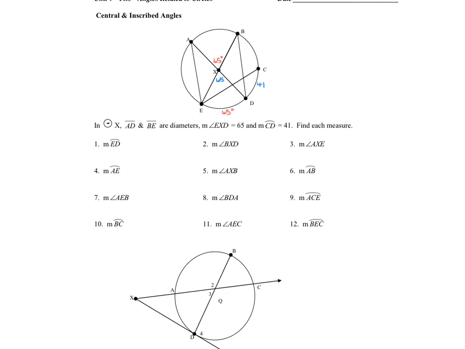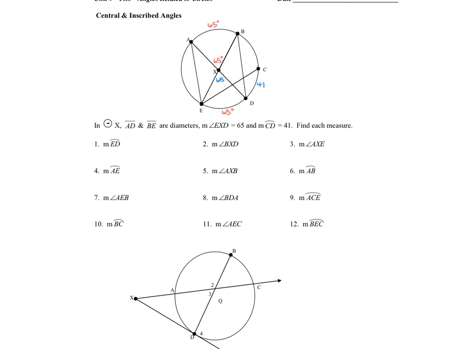Now I know that the measure of arc AB is also 65 degrees because its central angle is angle AXB, and the measure of a central angle and its arc are the same. So they're both 65 degrees.